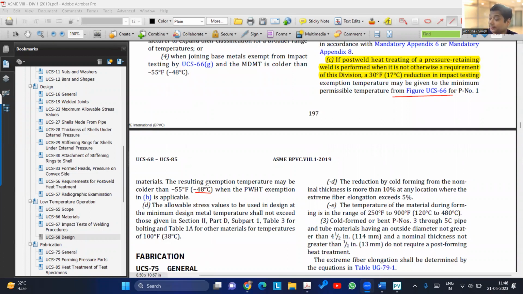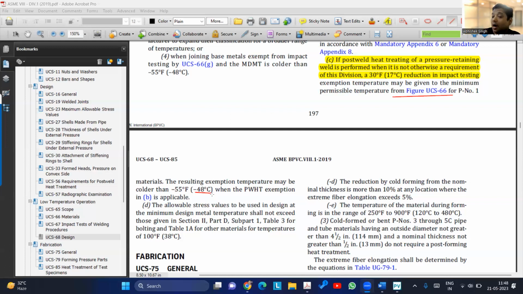So you can go even, let us say, your temperature in UCS 66 you got, let us say, minus 35. And because of this clause, you are getting minus 17. So minus 35 minus 17, you will be getting minus 52. So you can go up to that.